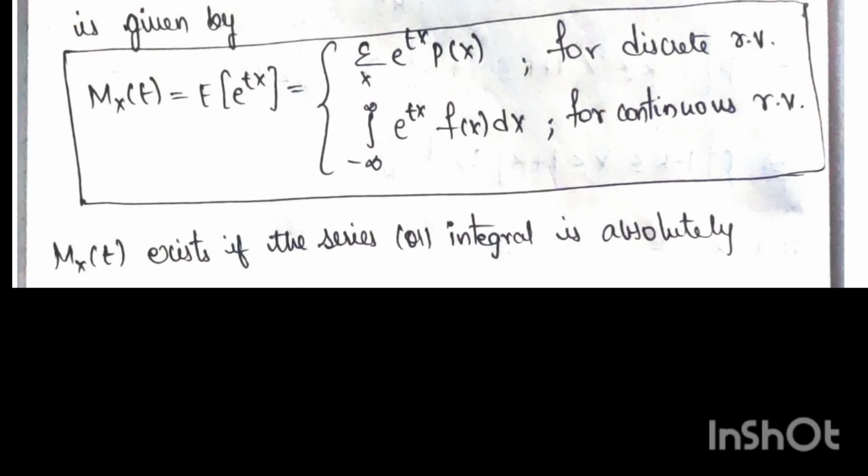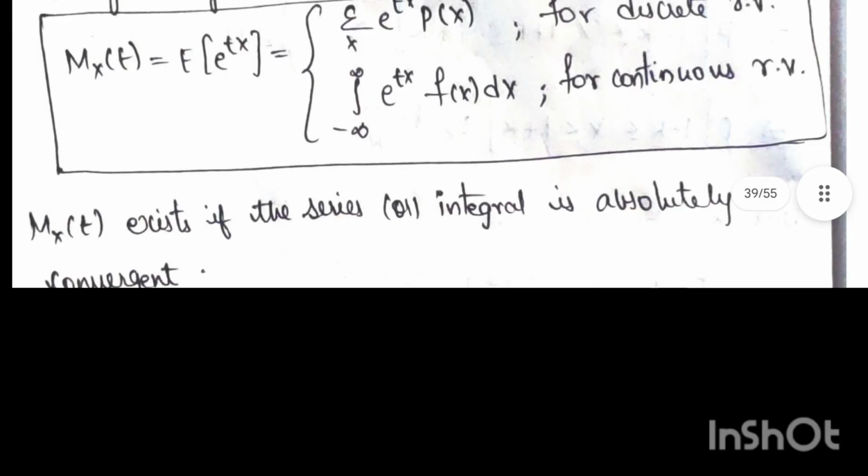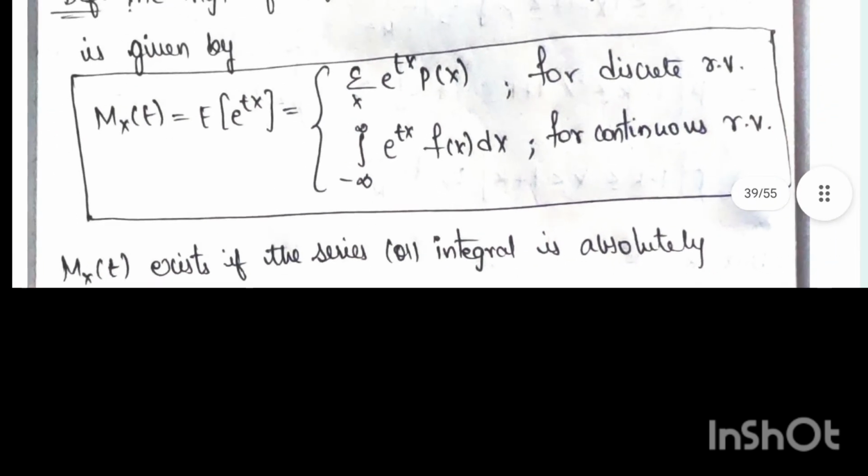The formula is the summation of e to the power of tx into p of x if x is a discrete random variable. If x is a continuous random variable, it is the integral from minus infinity to plus infinity of e to the power of tx into f of x into dx.